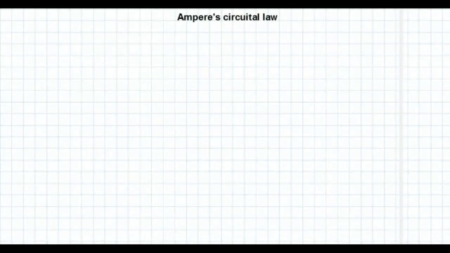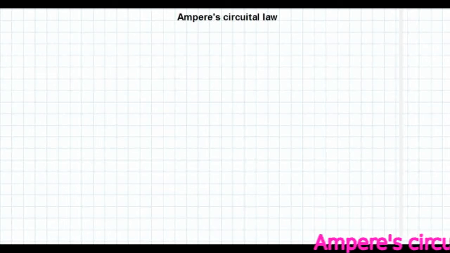Ampere's circuital law will enable us to find the magnetic field around a current carrying conductor. Just like how Gauss theorem helps us to find the electric field of any metallic body, this Ampere's circuital law will enable us to find the magnetic field due to a current carrying conductor.